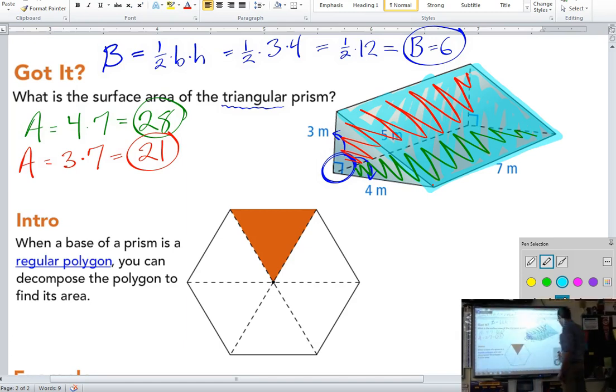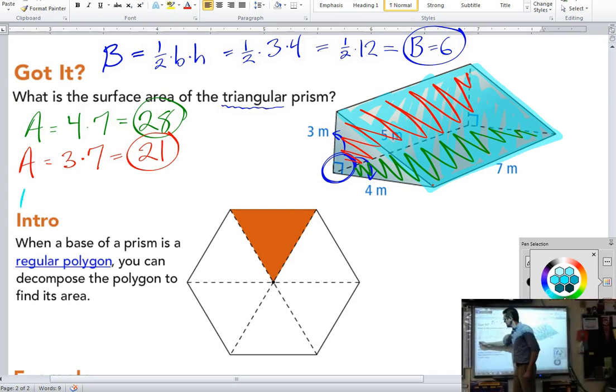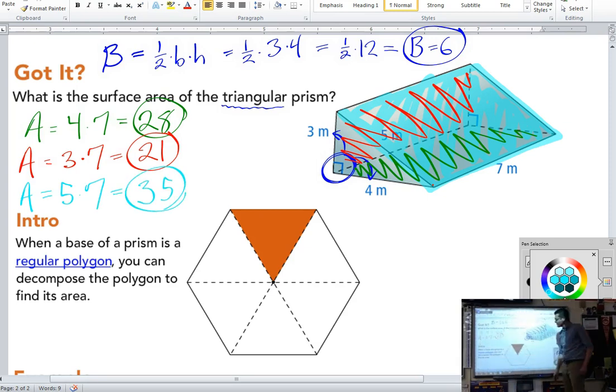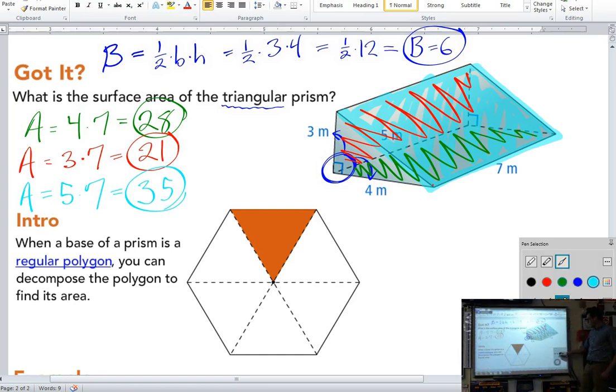So my area, I'll just choose a new pen color, of that is 5 times 7, which is 35. So I currently have 1, 2, 3, 4 of my faces taken care of. What do I need to do to make one last jump to having every piece I need?